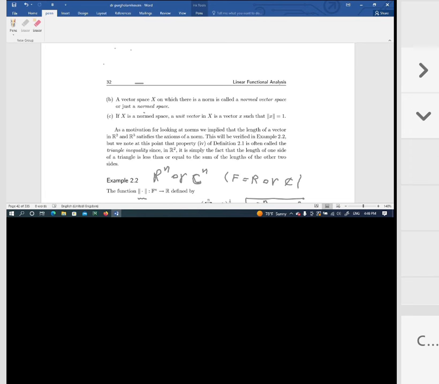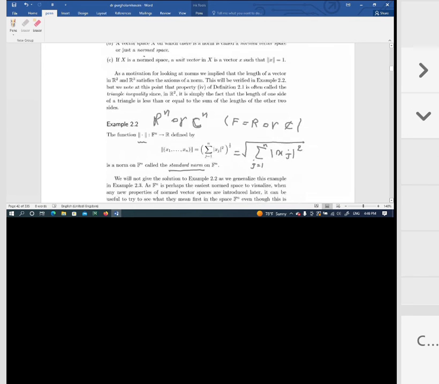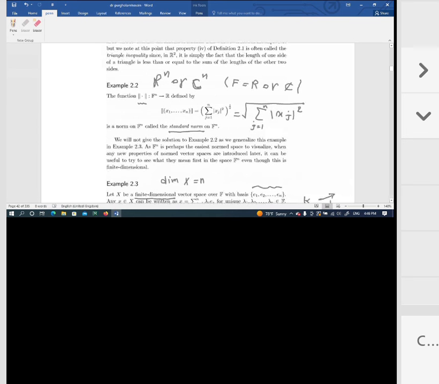Example. For example, if F equals R or C, a field, the function from F^n to R defined by the norm of x equals the sigma of the absolute value of xj to the power 2, all to the power 1 over 2, the square root of the sum of the absolute value of xj squared, j from 1 to n.